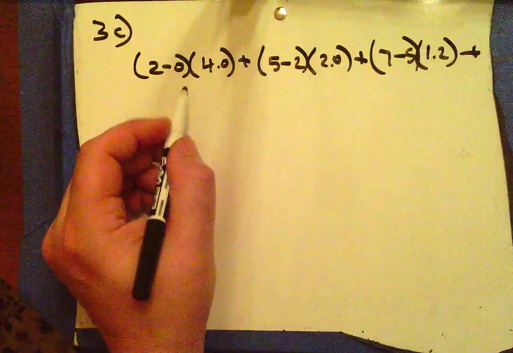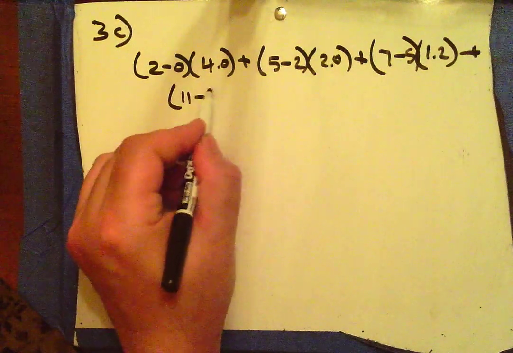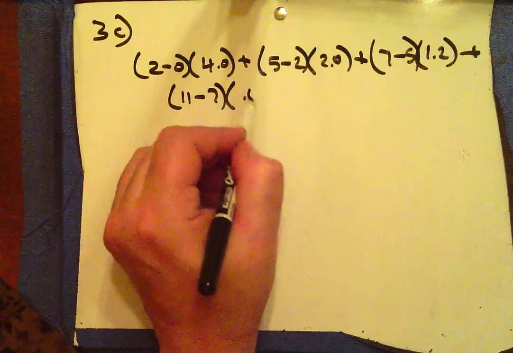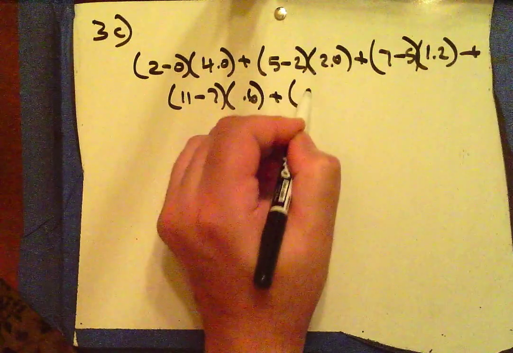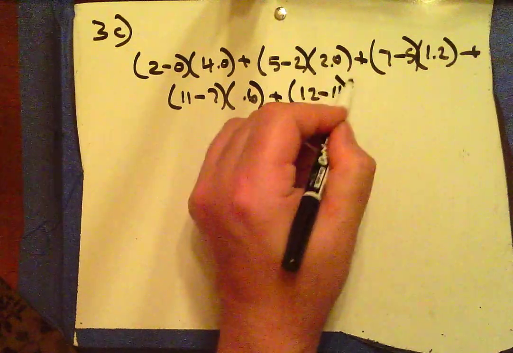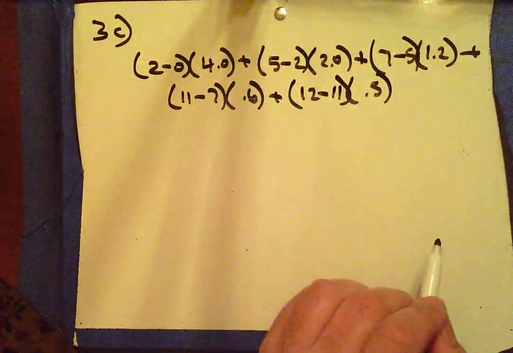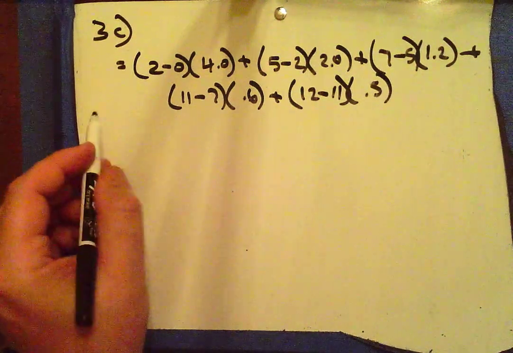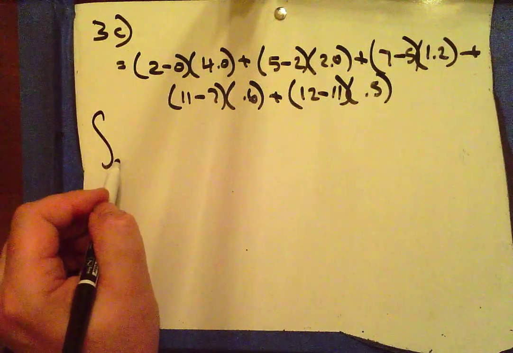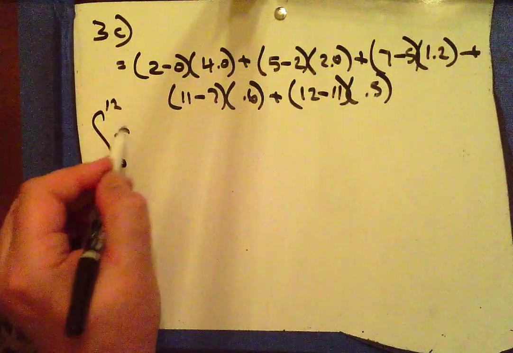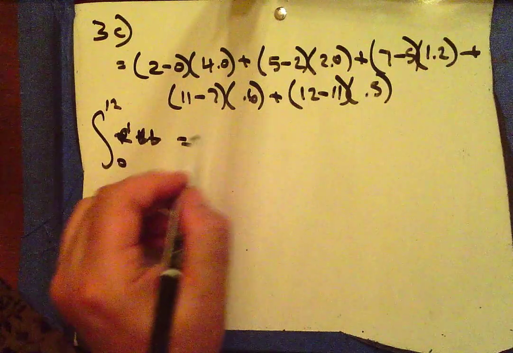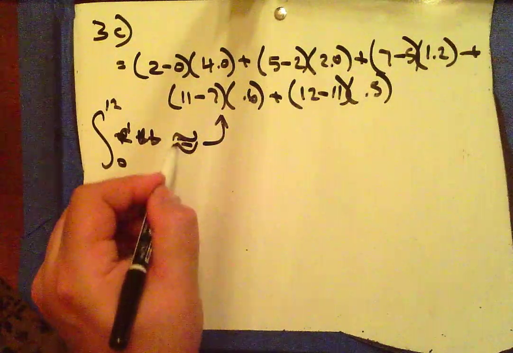The fourth is 11 minus 7 times the height of 0.6. And finally, we have 12 minus 11 times a height of 0.5. That's our approximation of the integral from 0 to 12 of r prime dt.